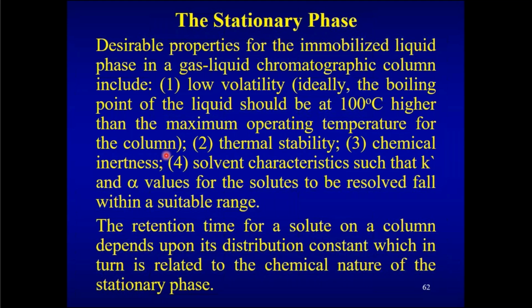If a column is going to be operated at 200 degrees centigrade, ideally the liquid stationary phase should have a boiling point of 300 degrees centigrade. This is not a hard and fast rule, it's an ideal situation. But the boiling point of the liquid must be higher than the operating temperature of the column.